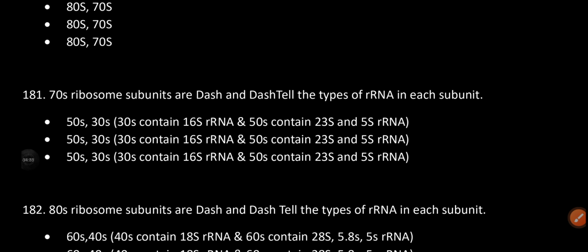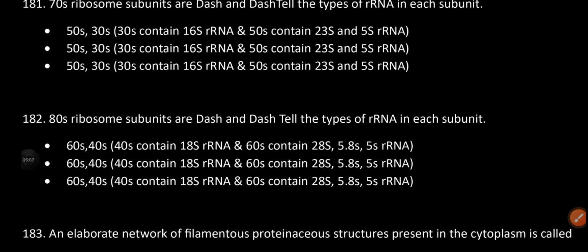Tell the types of rRNA in each subunit. 50S and 30S. 30S contains 16S rRNA and 50S contains 23S and 5S rRNA.